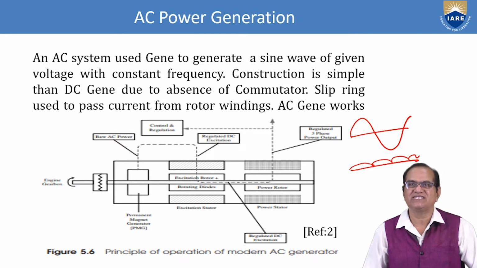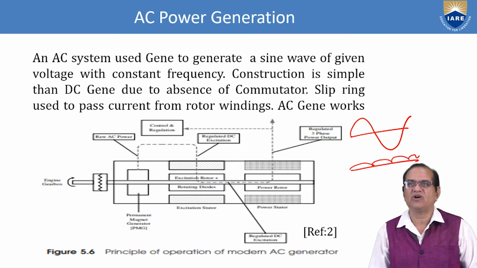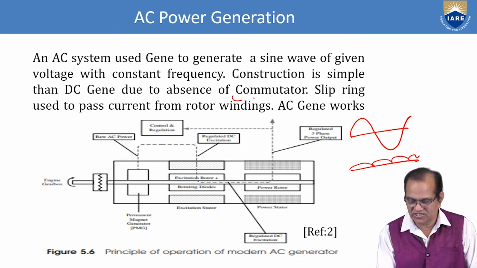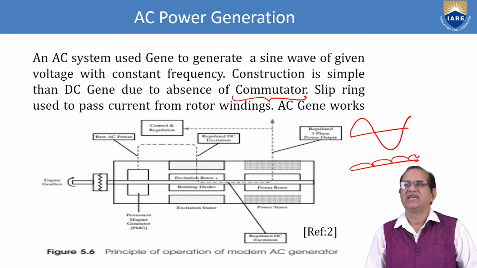An AC system uses a generator to generate a sine wave of a given voltage with constant frequency. Here we maintain the frequency constant. Construction is simpler than a DC generator due to the absence of the commutator. In this we don't have the commutator. Slip rings are used to pass current from the rotor winding. How does the AC generator work?